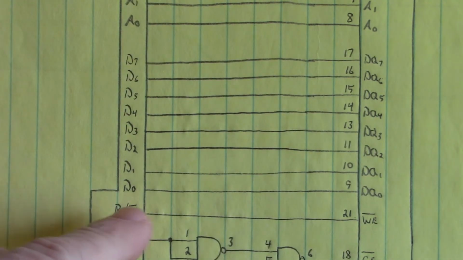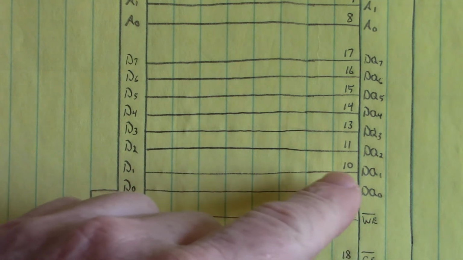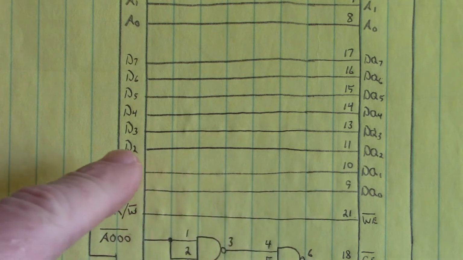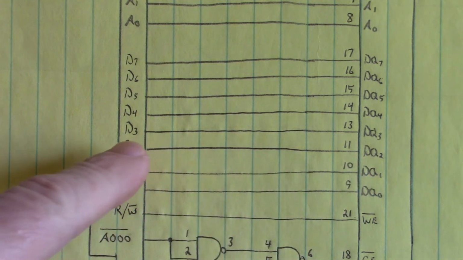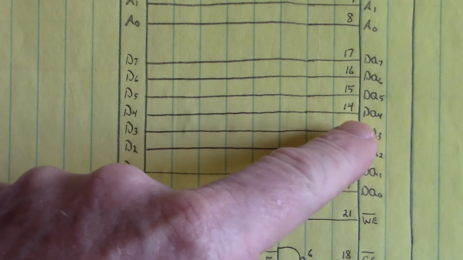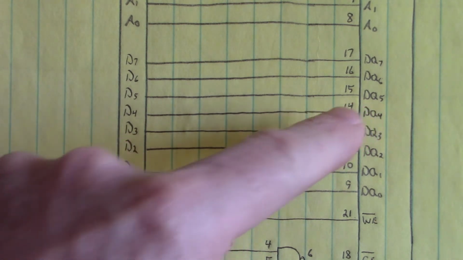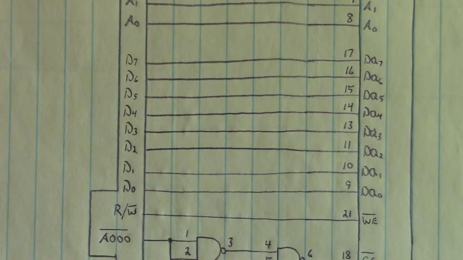Here's D0 connects to pin 9, D1 connects to pin 10, D2 connects to pin 11, D3 to 13, D4 to 14, D5 to 15, D6 to 16, and D7 to 17 on the SRAM.